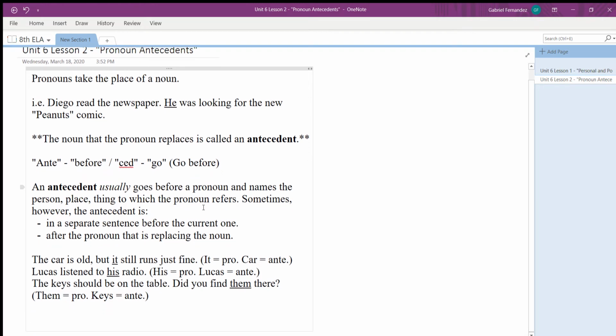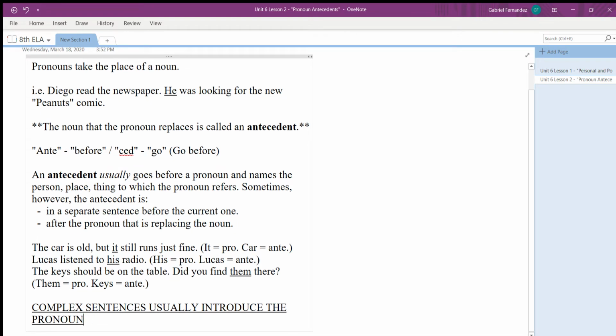Now, let's go ahead and show you an example of a sentence where the pronoun actually comes first. The most common case that you would see this is in the case of a complex sentence. Complex sentences usually introduce the pronoun before the antecedent.